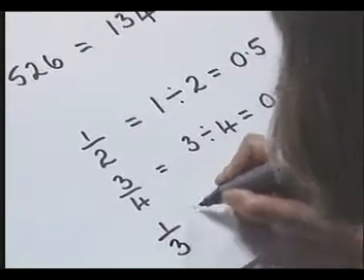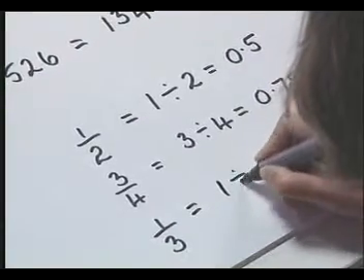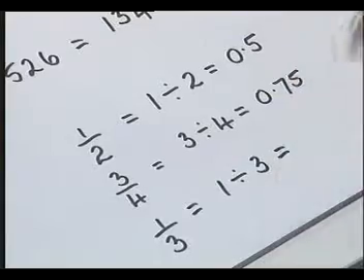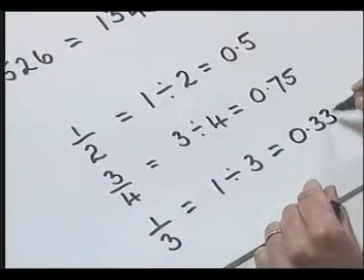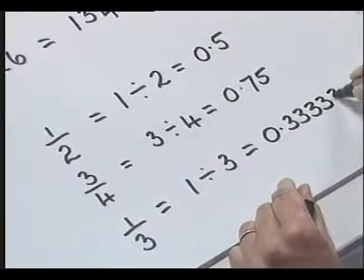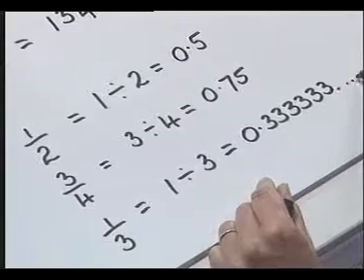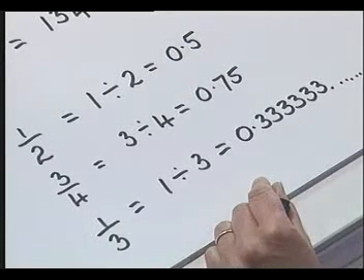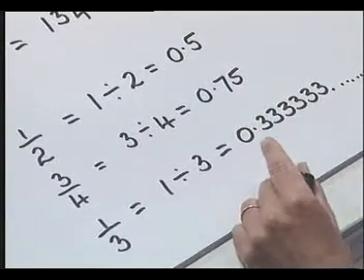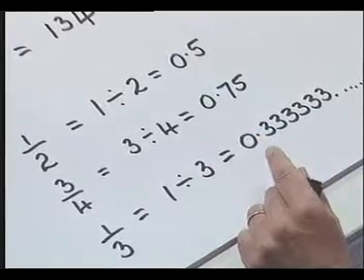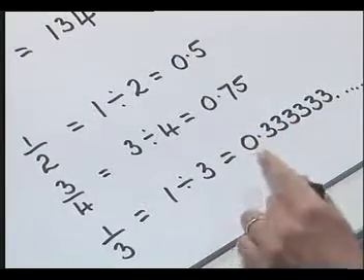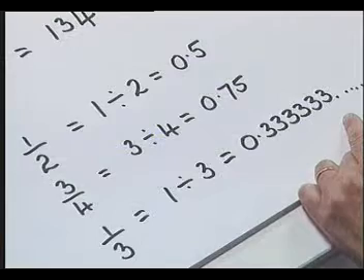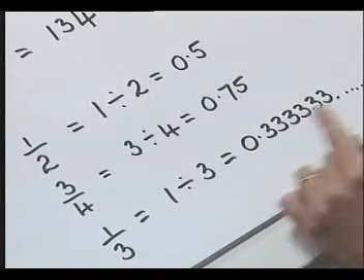Let's have a look at 1/3. We do 1 divided by 3, and what we find is that we get 0.33333, and so on. It goes on forever. Now, this is where you need to take care when you're using a calculator that you spot the recurring decimals, that they're going on forever.